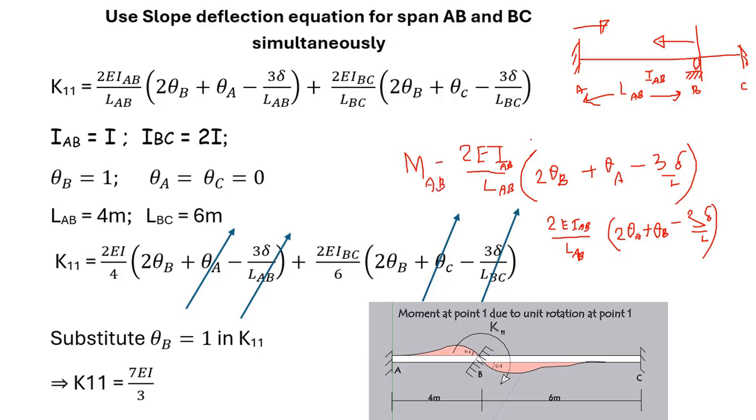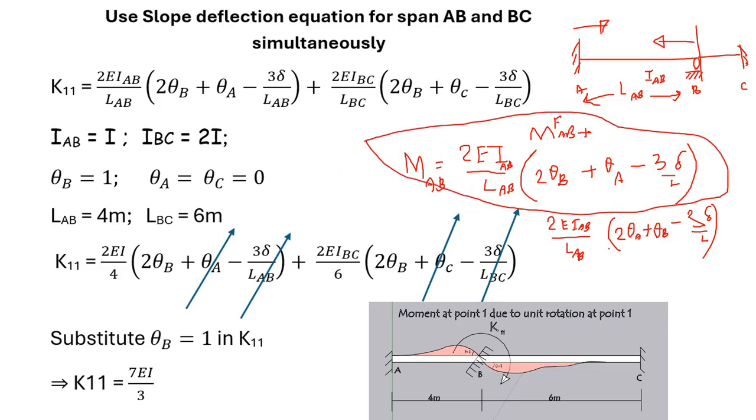To get the final moment you have to add the fixed end moment also, M of AB plus this expression. So this is for this one. Similarly for BA, you can write down M of BA plus these terms. What is M_AB? M_AB is the final moment that you want to solve.